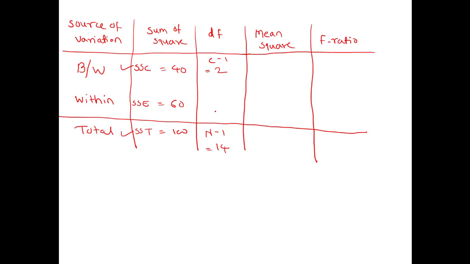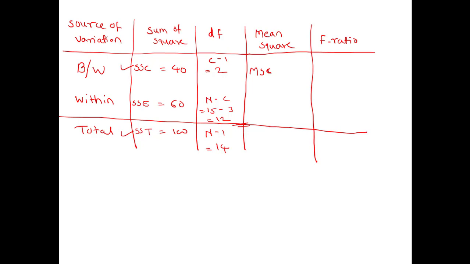Now to find out degree of freedom for this, what we can do? We can subtract 14 minus 2. So the value will be 12. N minus C, that is equal to 15 minus 3, that is equal to 12. Then mean square. So this is mean square between the samples or between the columns. So I will write it here, MSC.